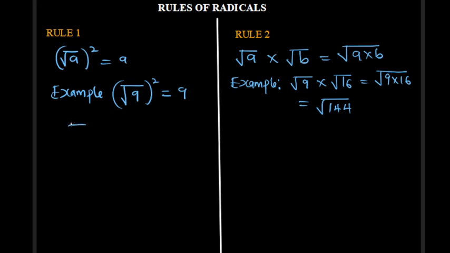Now whenever you have this, always use this to cancel this. So as for root 9 all squared, we cancel this and we are left with 9, right?